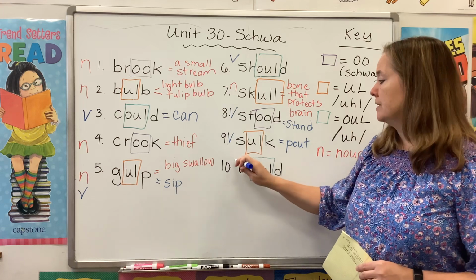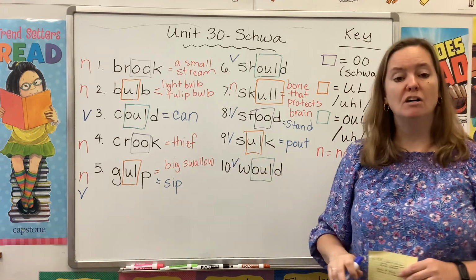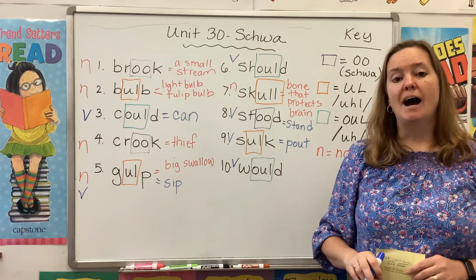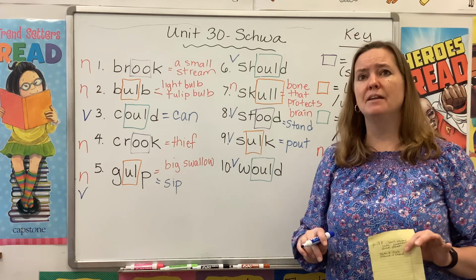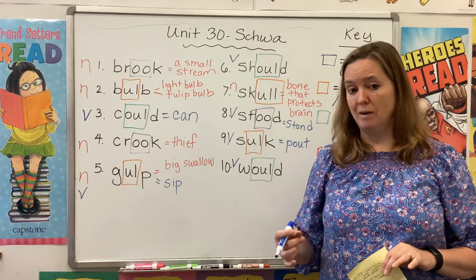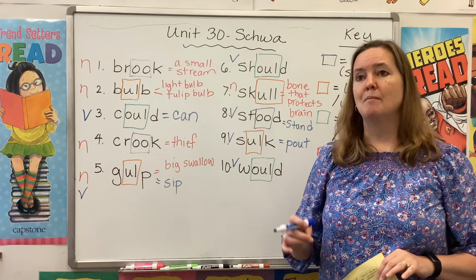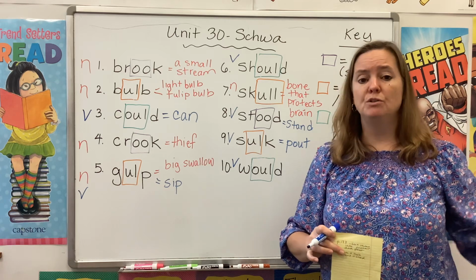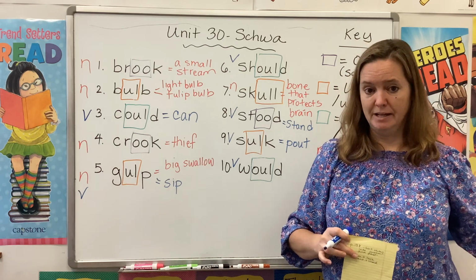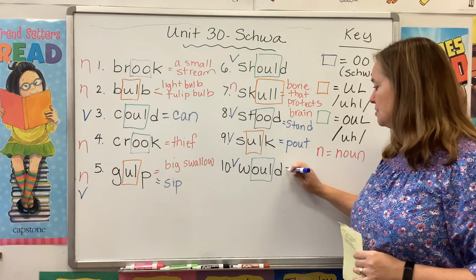Our last word, would, is also a verb. It can be the past tense of will. I will go to the store with you. I told you that I would do it. So would has to do with will.